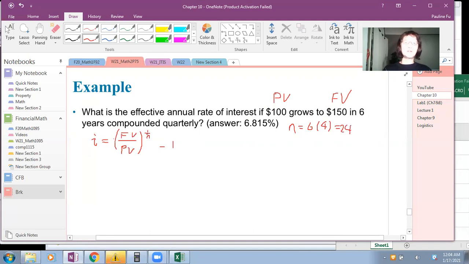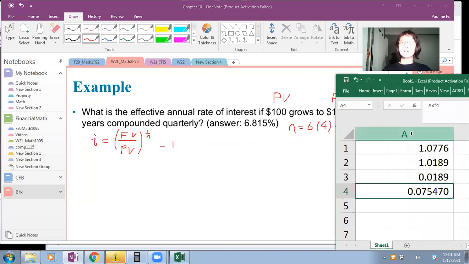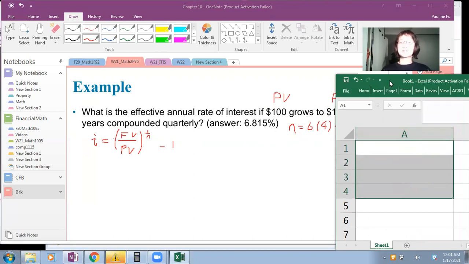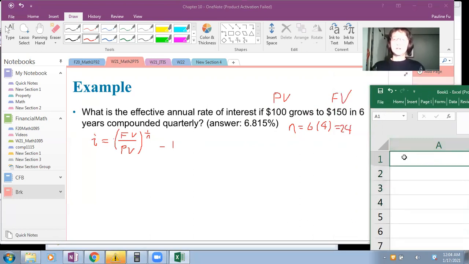Plug these 3 numbers into this formula. So I will use Excel to do it. So equal bracket FV 150 over 100, raised to the power 1 over n, n is 24, and then minus 1.